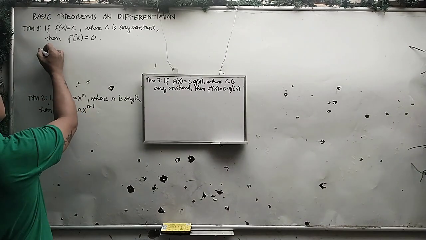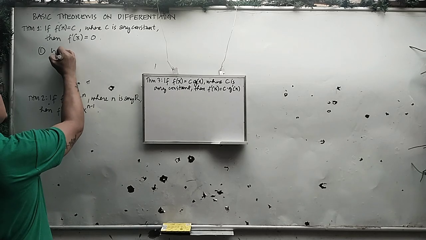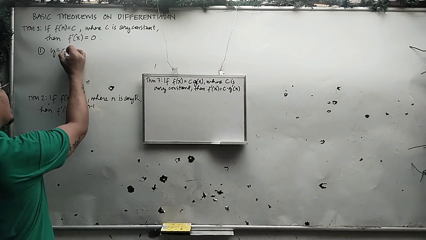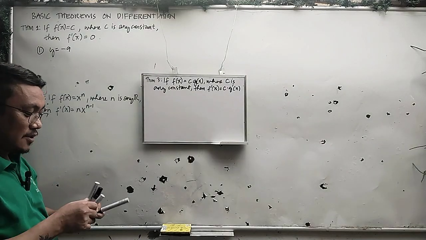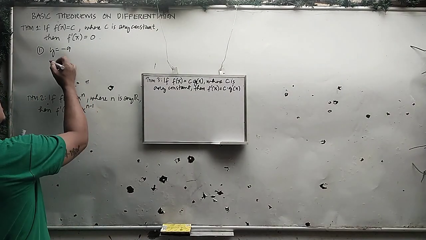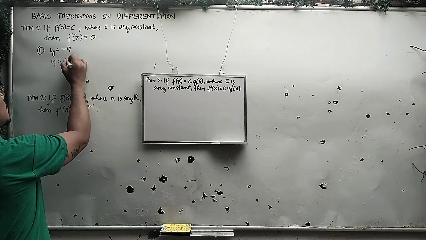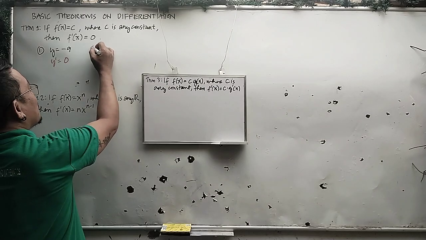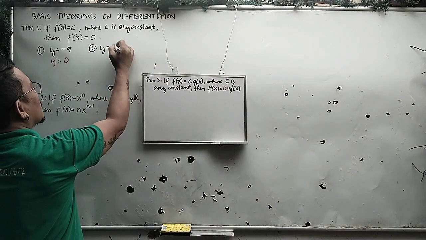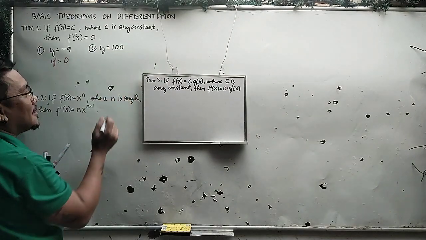For example, you're given y is equal to negative 9. So find the derivative of negative 9. That's easy, it is denoted by y prime is equal to 0. Okay? Example number 2, y is equal to 100.